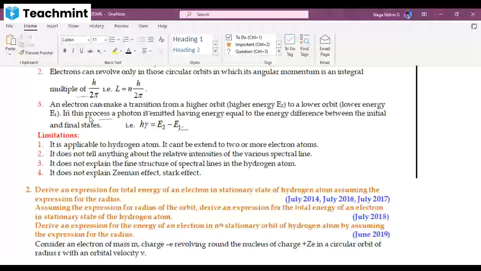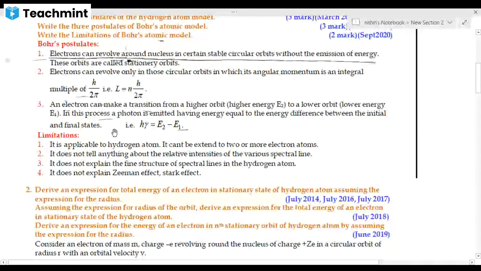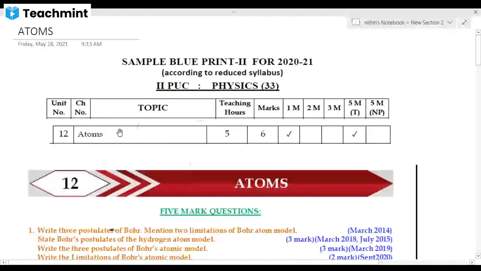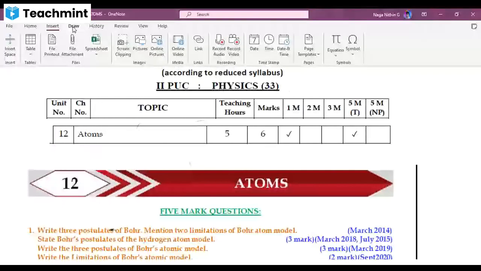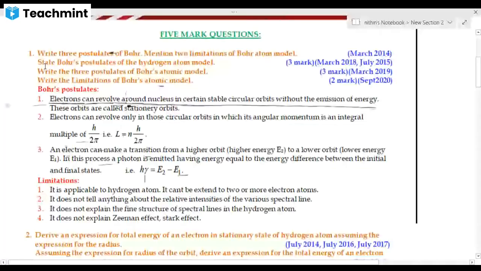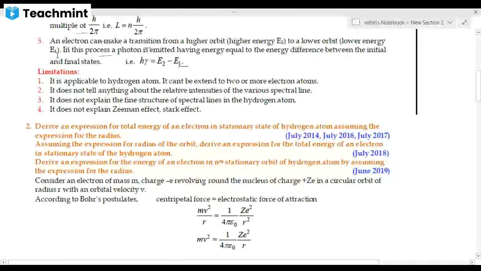In this process, a photon is emitted having energy equal to the energy difference of the initial and final states. So h nu is equal to E2 minus E1. That is the third postulate. So totally three postulates are there.